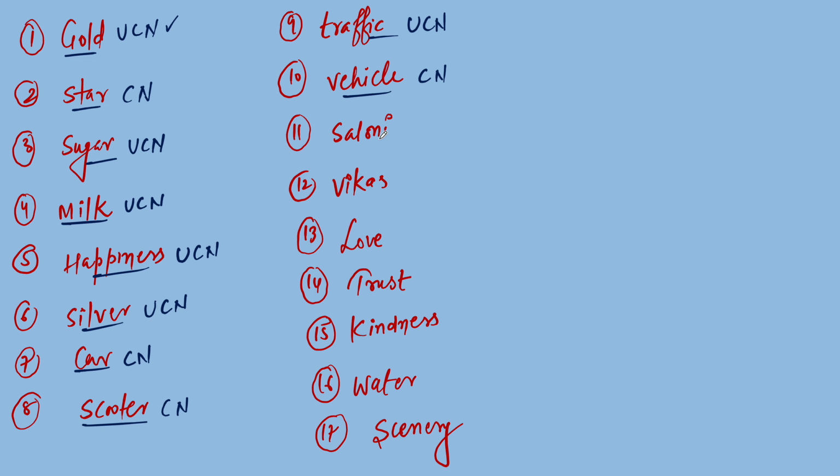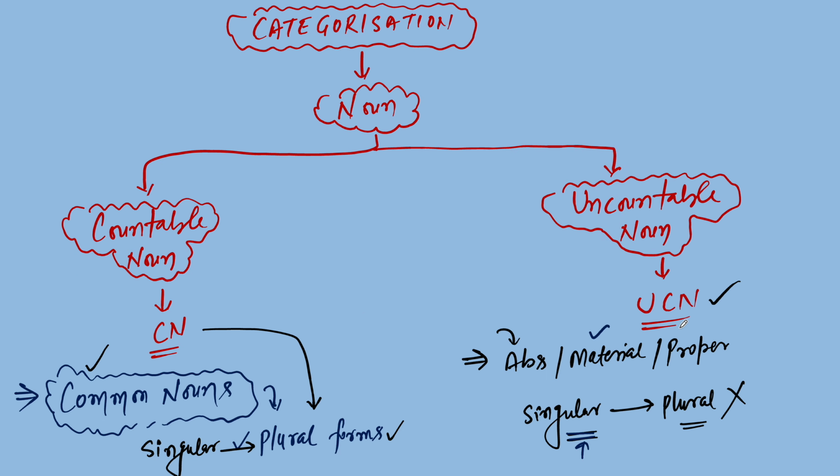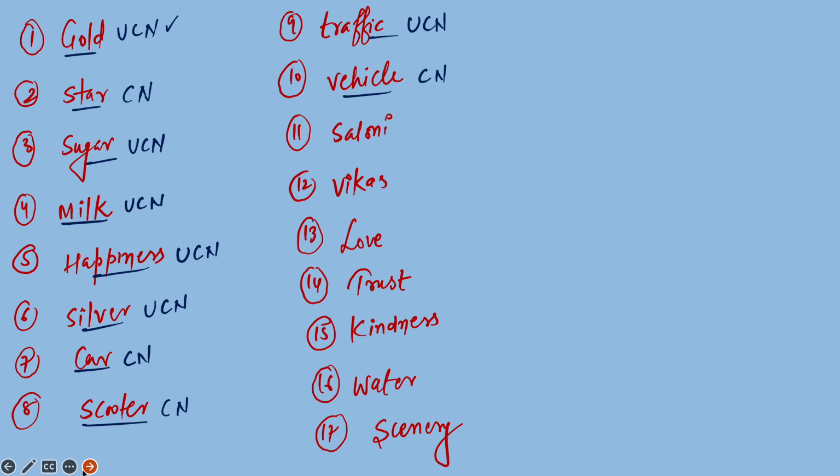Do we count this way like one Saloni, two Saloni? Of course not. And we have already discussed like we cannot convert proper noun from singular to plural. So it means proper noun also comes under the category of uncountable noun. So it is uncountable noun. Is it clear?